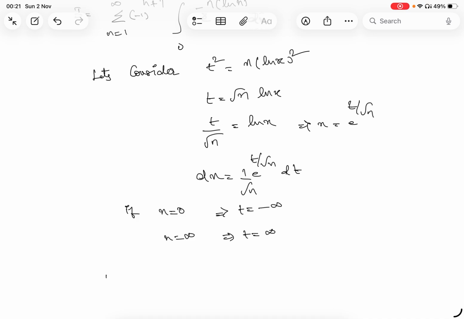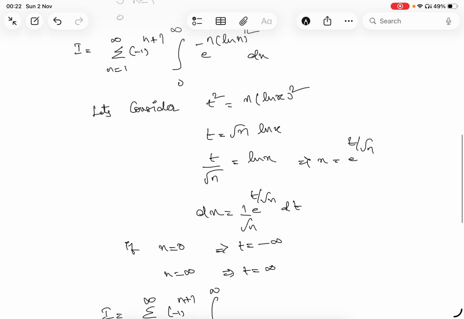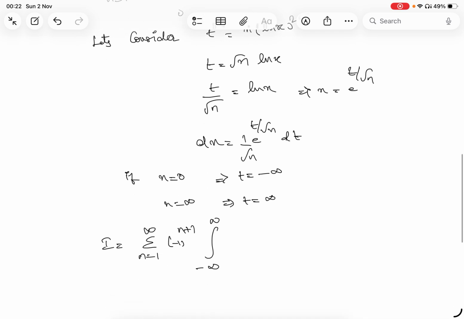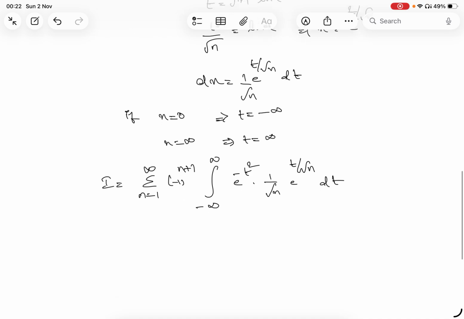So then I becomes summation n equal to 1 to infinity minus 1 whole power n plus 1. Now the integration limits are minus infinity to plus infinity e power minus t square into dx is 1 by root n into e power t by root n dt, right?